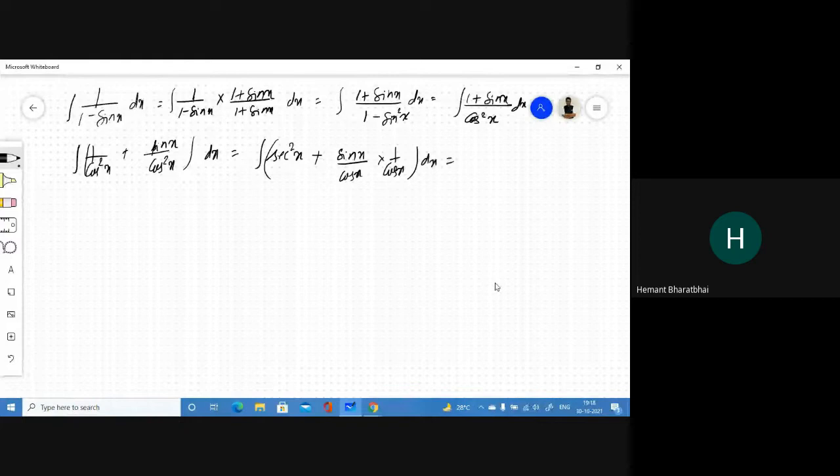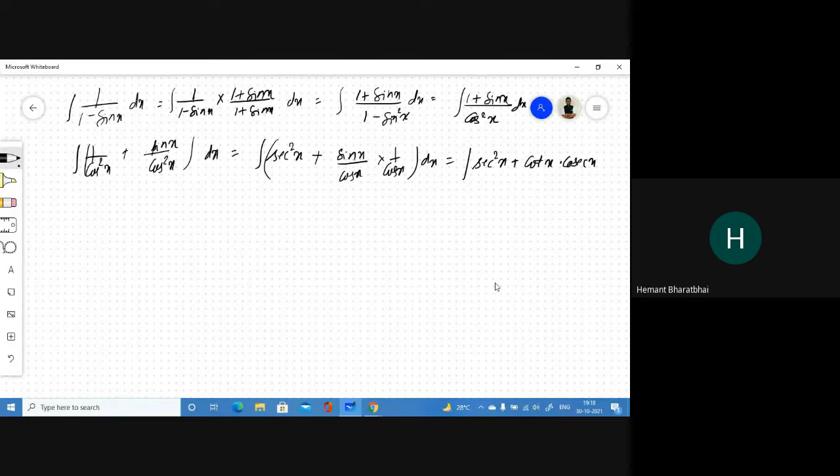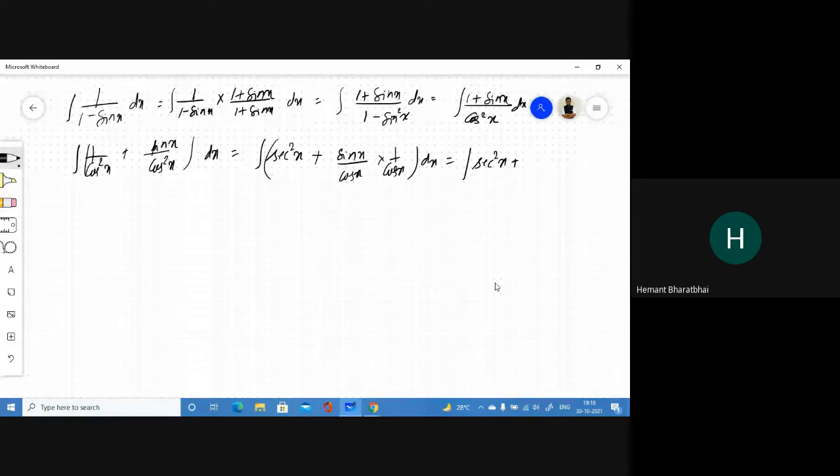So this will become integration of sec square x plus sin by cos is tan x, and 1 by cos is sec x, the whole dx.